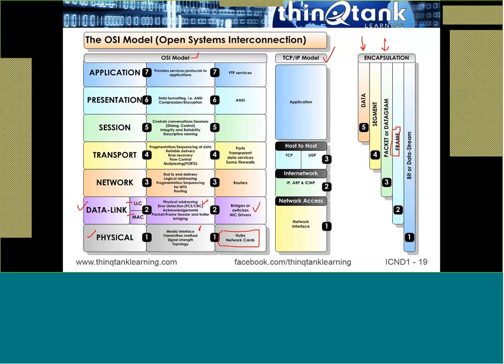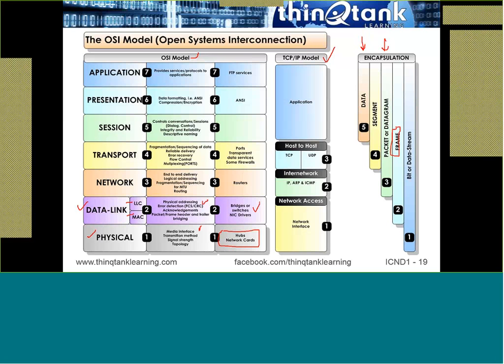Now that means that a bridge or a switch, which both of those devices function exactly the same way, make their decisions on what to do with data because of information at this layer. A bridge or a switch will never make a forwarding decision based on anything above layer 2. Does that make sense?